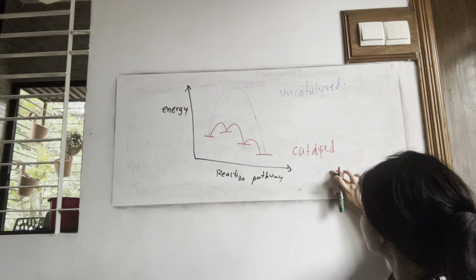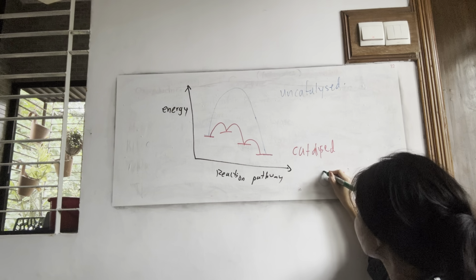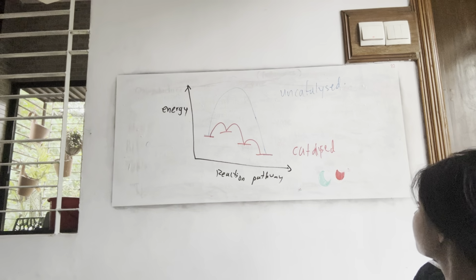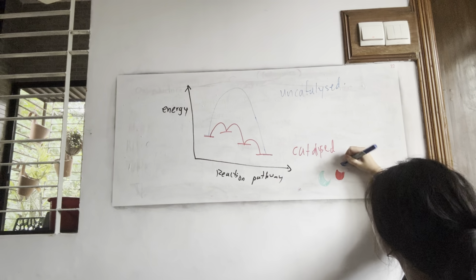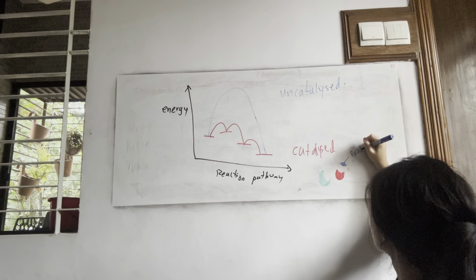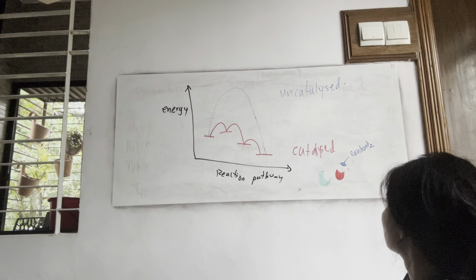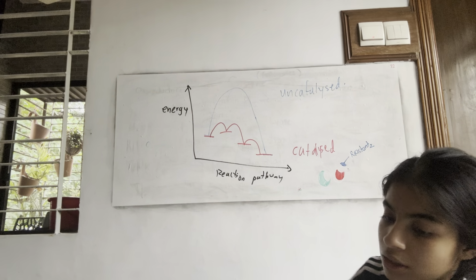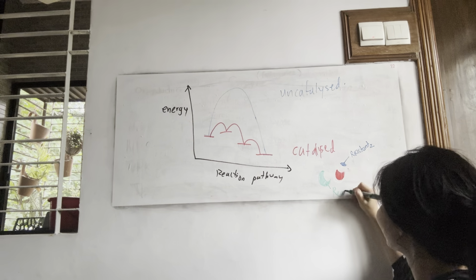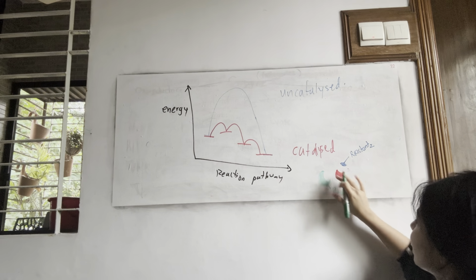We want this reaction to happen. This is my product, this is my reactant 2. I feel like this is a really bad diagram, but bear with me. Reactant 1, and this is my enzyme.